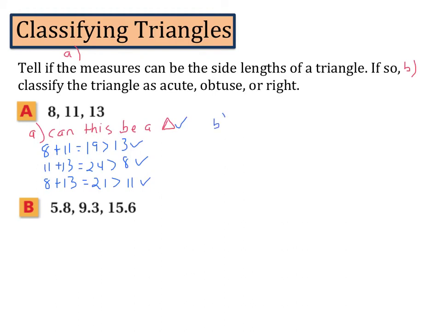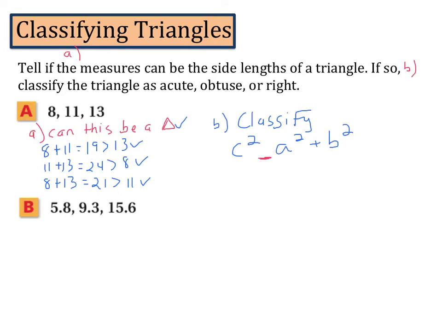Now part B says to classify the triangle. So to do that, I want to set up my equation of c squared, a squared, plus b squared. I'm leaving the comparison part out because I'm waiting to plug these numbers in to determine whether c squared is greater or less than.